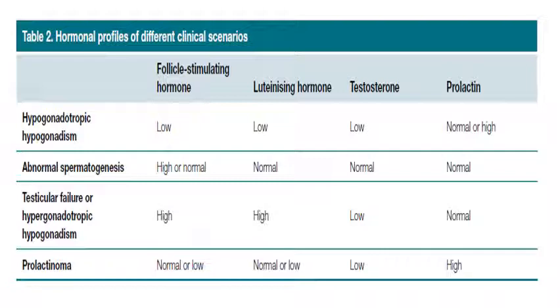And there is a condition called prolactinoma, with hypersecretion of prolactin. These 4 chief differential diagnoses are considered, and they are evaluated by evaluating 4 different hormones: FSH, luteinizing hormone, testosterone and prolactin.